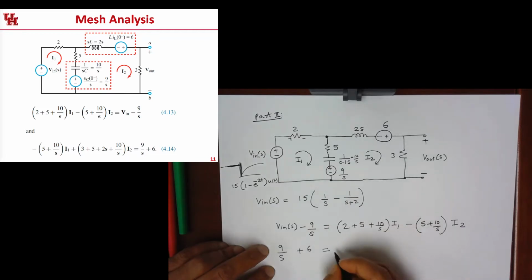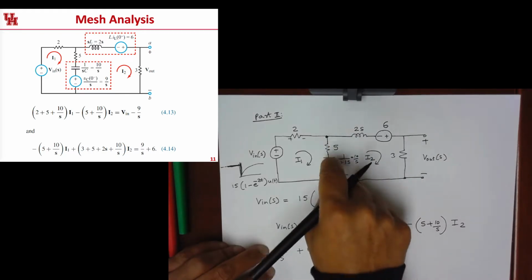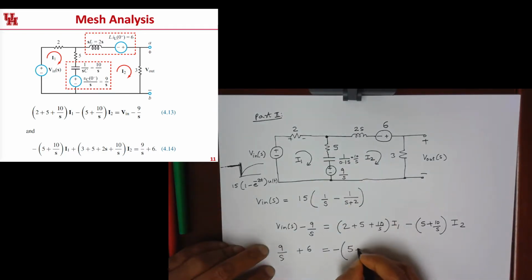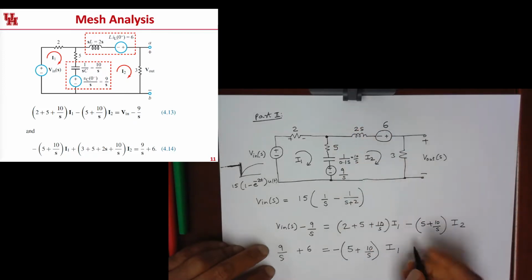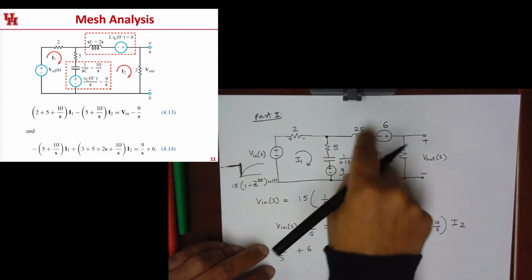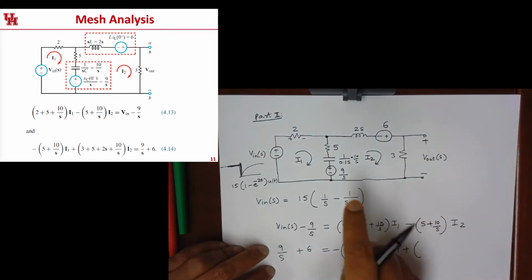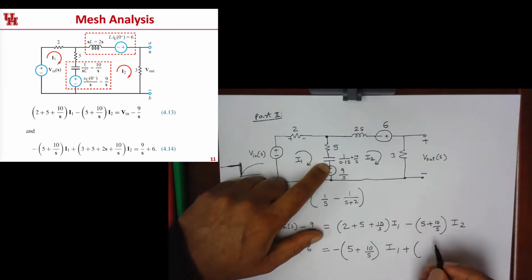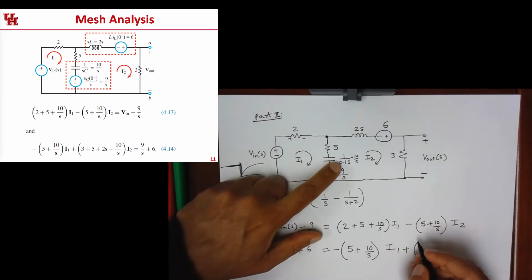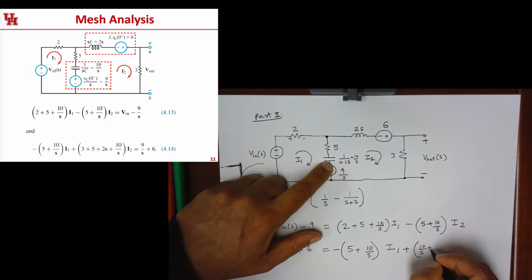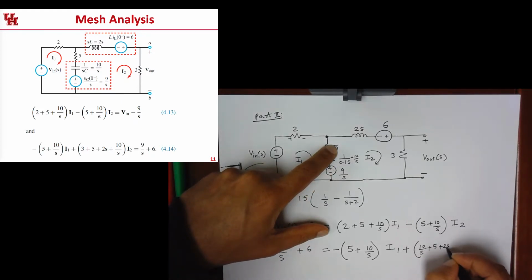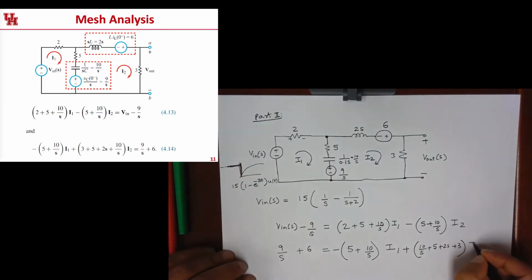So I'm going to write the voltages as first the sum of the impedances along this path, which is 5 plus 10 over S times I1, and then plus the sum of the impedances along this mesh, which starts off with 10 over S plus 5 plus 2S, plus 3 ohms, this whole thing times I2.